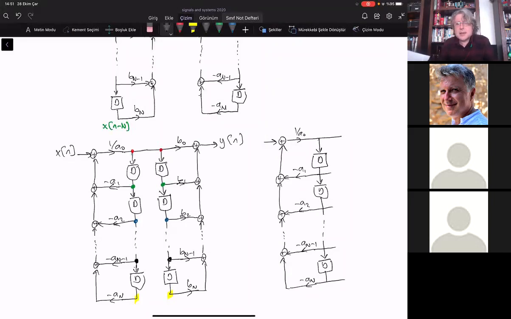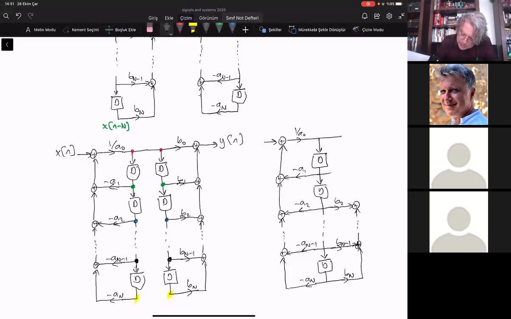And at the right-hand side, I'll do similar things. The right-hand side branch will continue with the scaling of Bn. The one before that is Bn minus 1, and I collect them. I continue my collection.